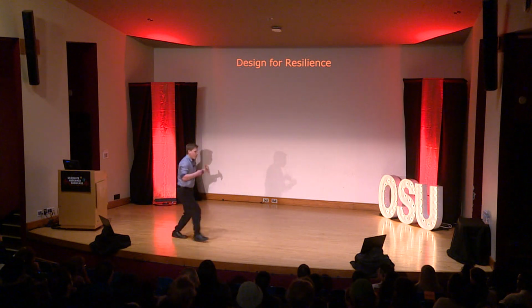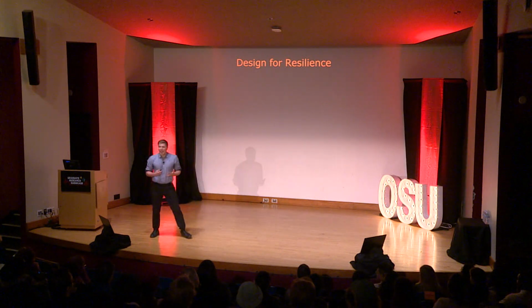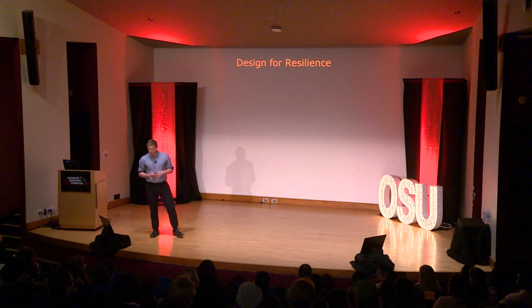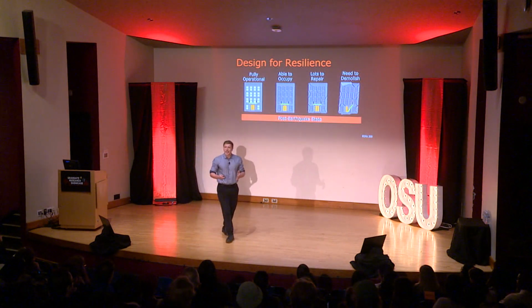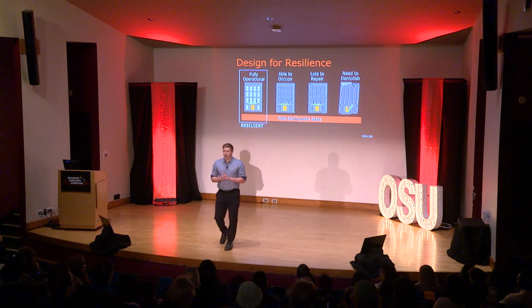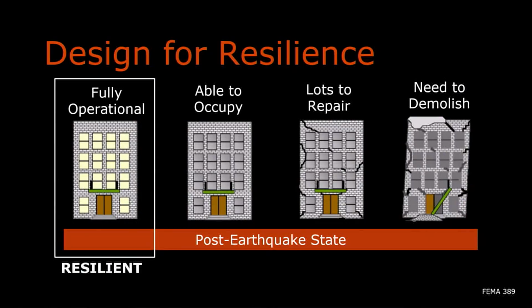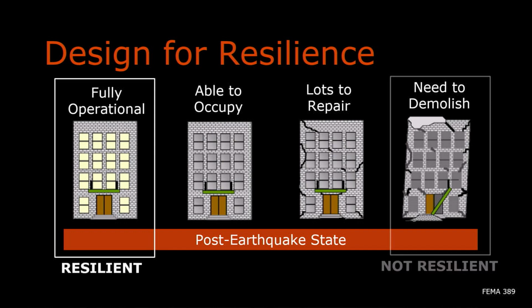Resilience is a critical concept in structural engineering, and it refers to how quickly a building can bounce back after a natural disaster. We measure this on a spectrum, where a building that can be fully operational right after an earthquake, that's resilient. A building we need to demolish, not so much.